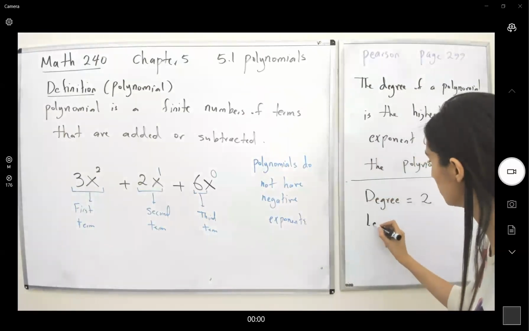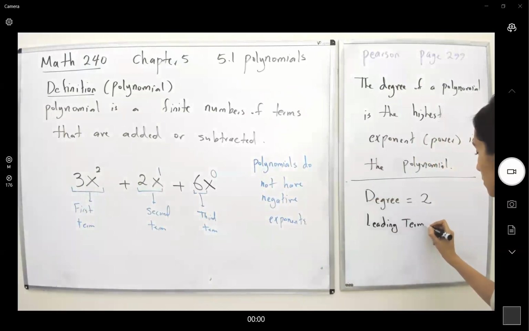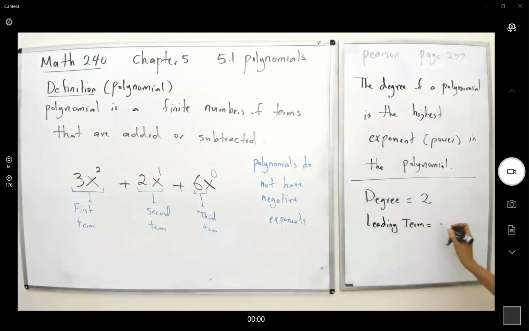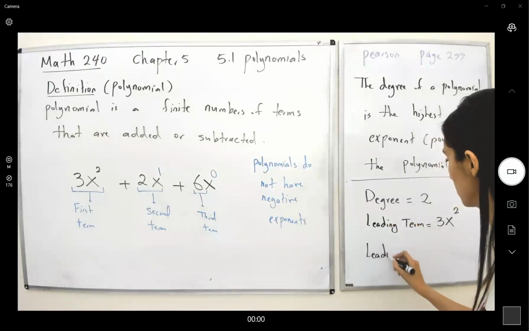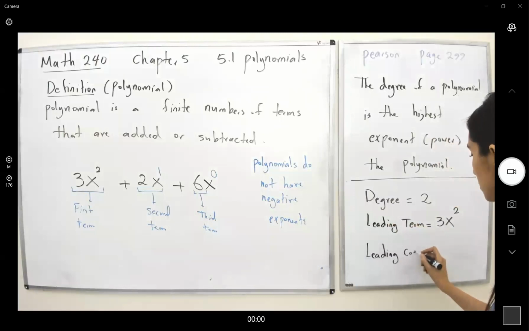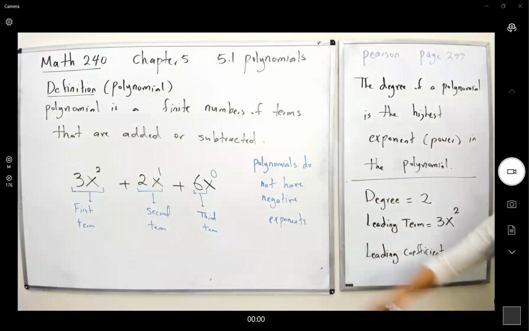The leading term is the term 3 times x to the second power. And the leading coefficient is equal to 3. So this is the information that we can derive by looking at one polynomial.